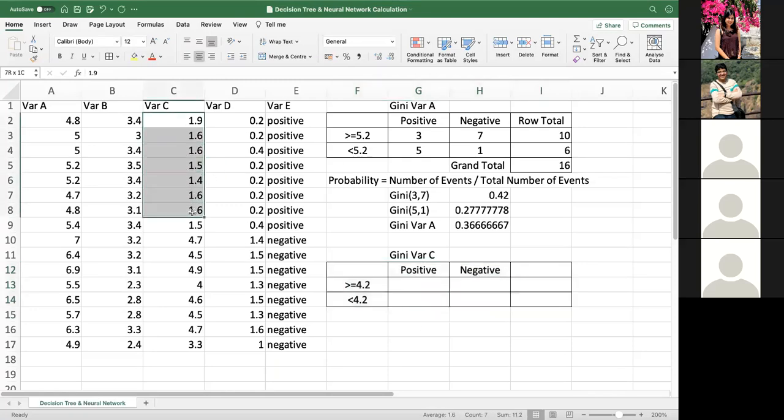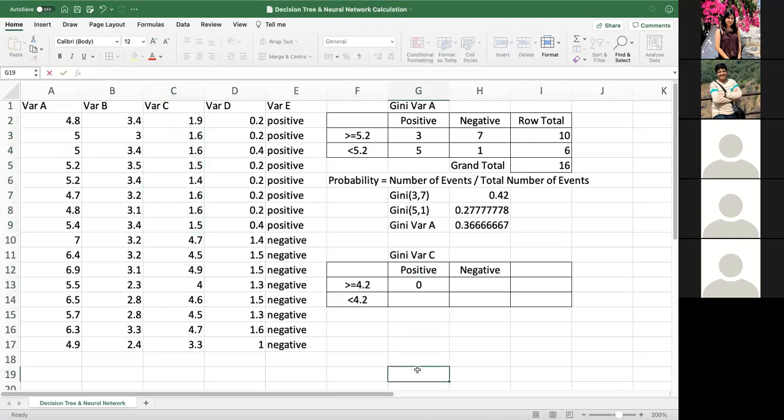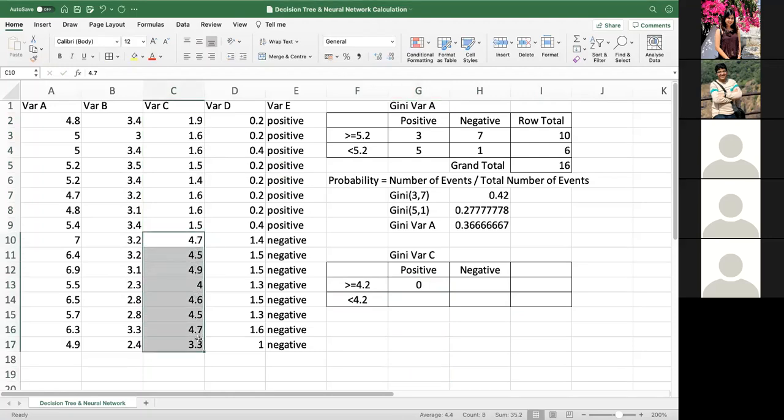In positive, how many are greater than or equal to 4.2? I think 0. In negative, how many are greater than or equal to 4.2? 1, 2, 3, 4, 5, 6. 6 are this. Less than 4.2 in positive, all of them.